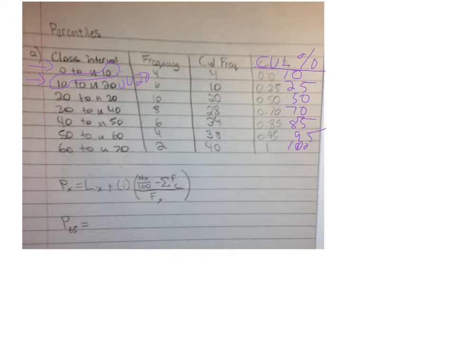So if we're trying to find the 65th percentile, you're right, we want P65, so we'll fill in X for 65, okay? Now the 65th percentile is going to be in this interval right here, the one with the 70. The reason it's going to be in there is that so far I've got 50% of all of my data.